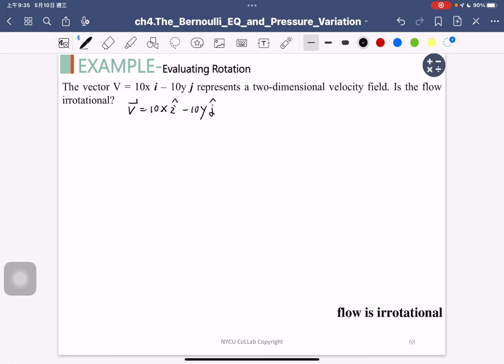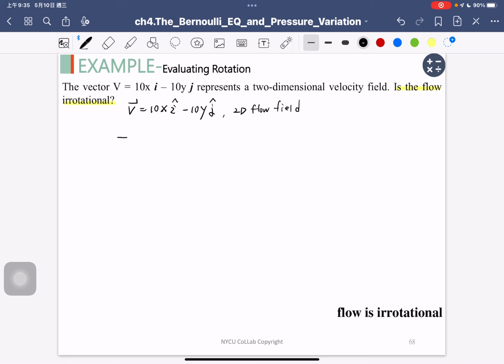We call that a 2D flow field, so we don't have the z dimension. Then we want to answer whether the flow is irrotational. We already have the velocity function, so we can do it very quickly.